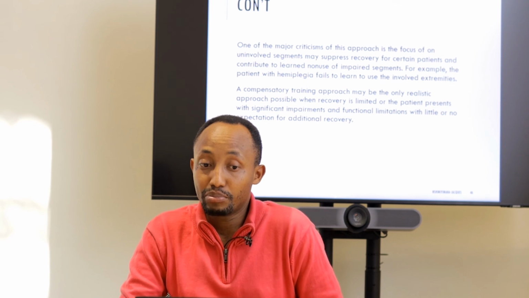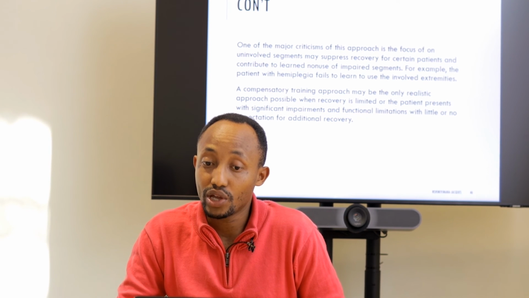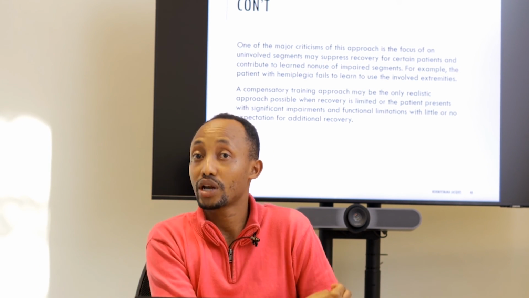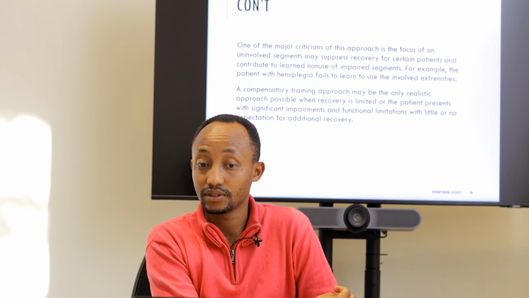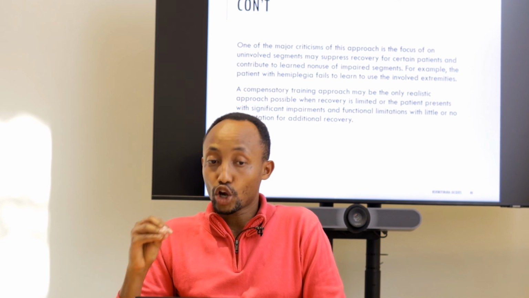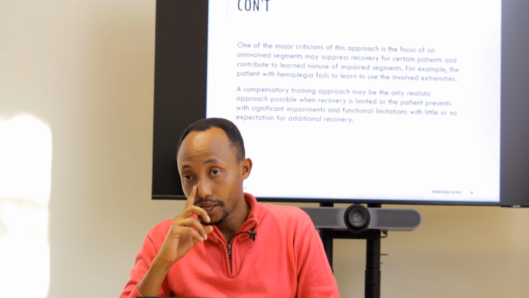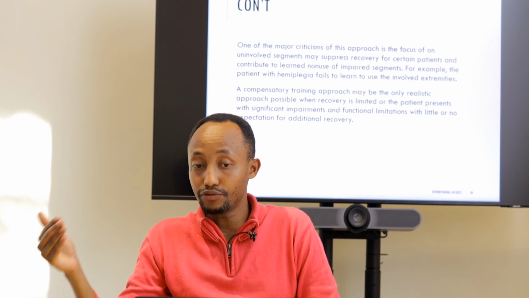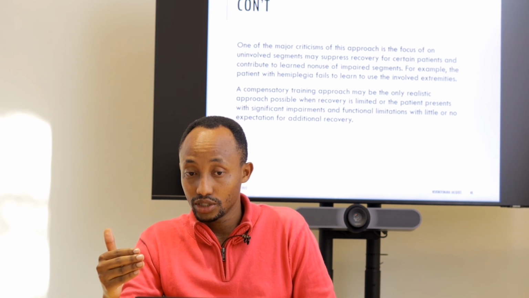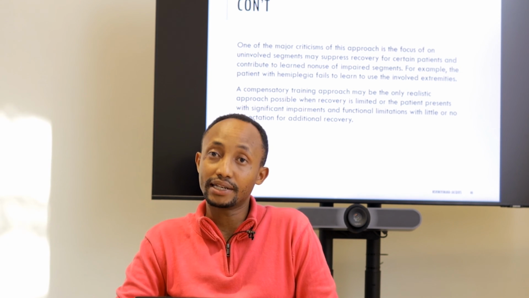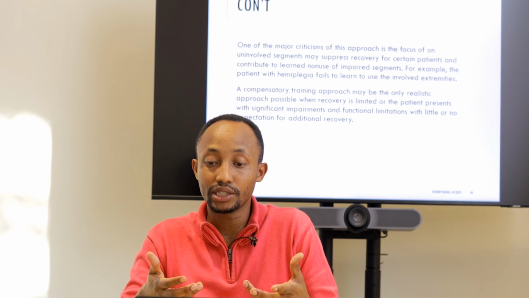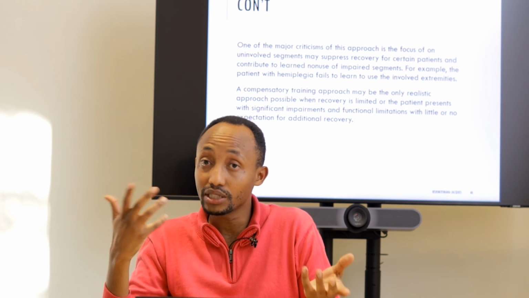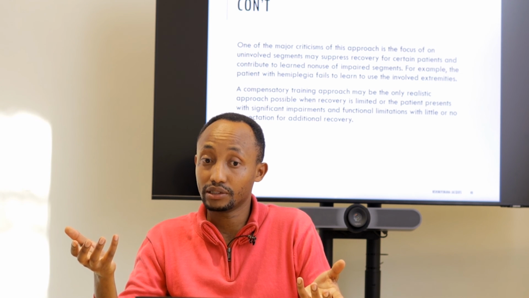For example, if a hemiplegic patient fails to learn to use the involved side because they have already been trained to use the non-affected side, then you would understand that compensatory training should come as the last resort. If you use it earlier, this criticism would stand because you would make them learn not to use their side, which possibly had potential to learn.